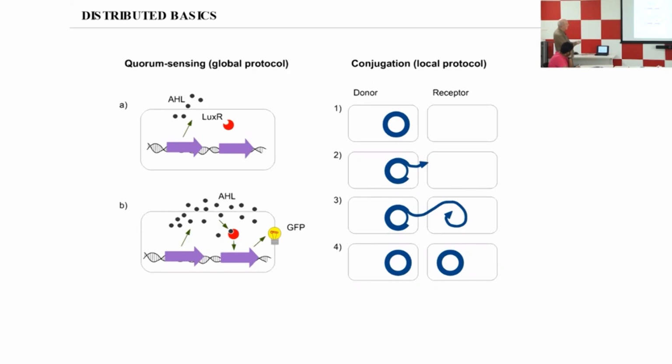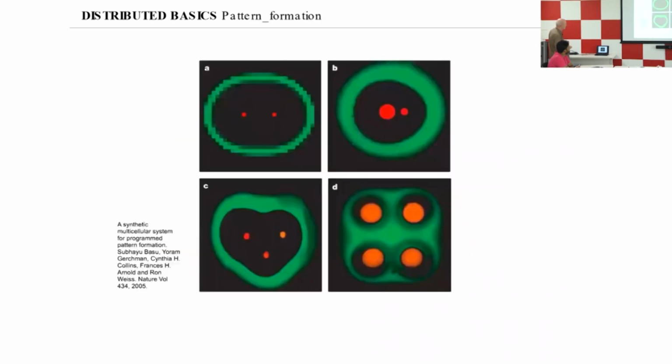But in the population, you have these two, okay? So you have one that is an emitter, and the other that is an emitter plus a reporter, okay? So that, as you will see in a moment, is a tool also for making this type of combinations and logic gates and so on. But then conjugation is a lot better, because as I said, you have a plasmid, and you have a donor, and you have a receptor, and either you deliver the plasmid or you don't deliver the plasmid. There's nothing in between.